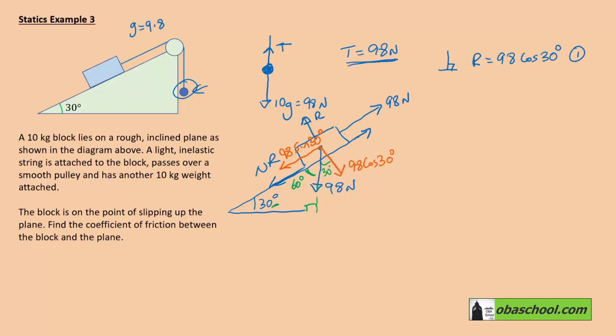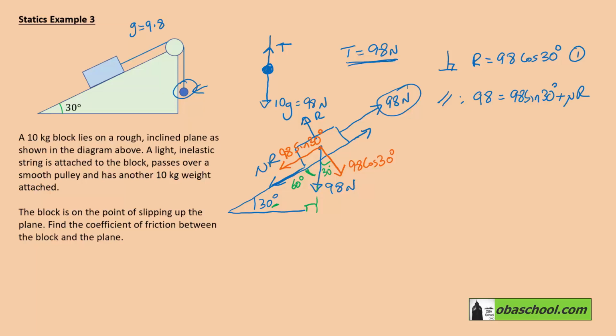Let's just call that 1 for now. And then if we look at parallel to the slope, we would have 98 going upwards, and downwards we have 98 sin 30 plus mu R.